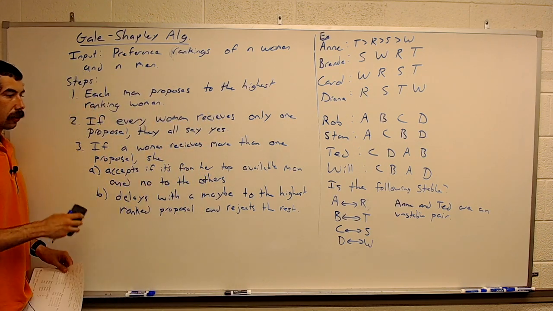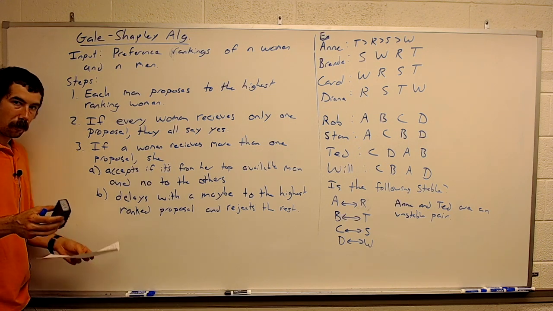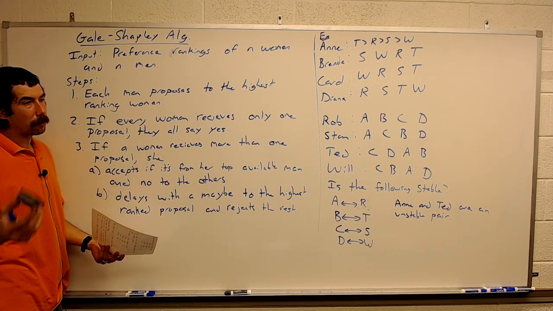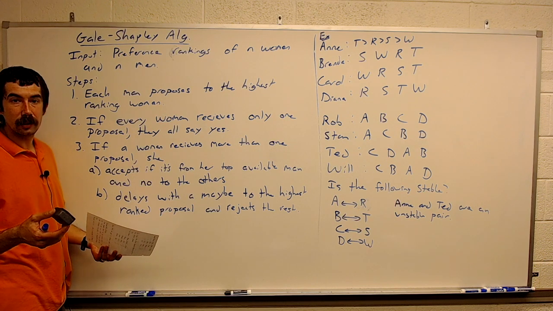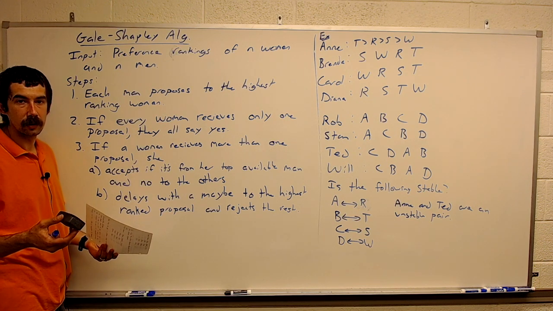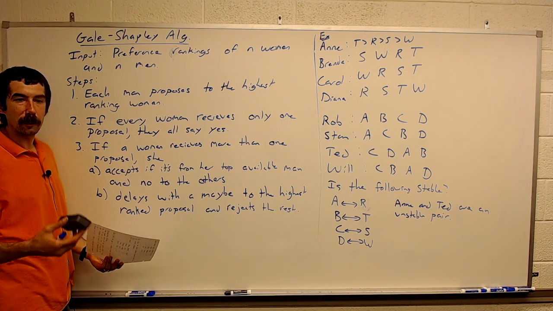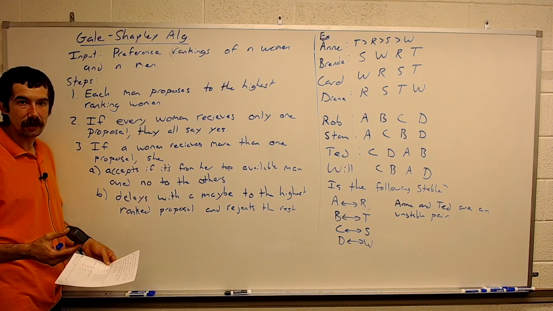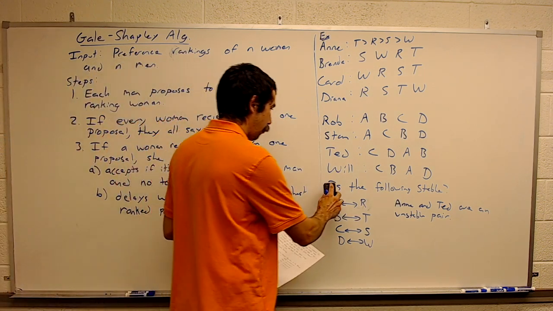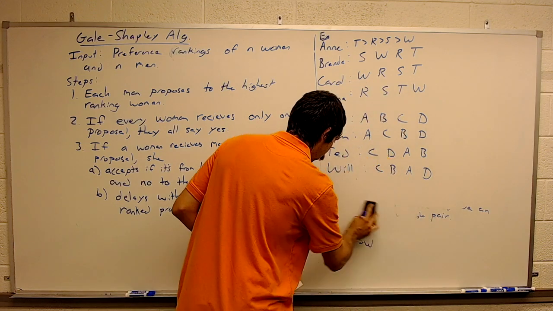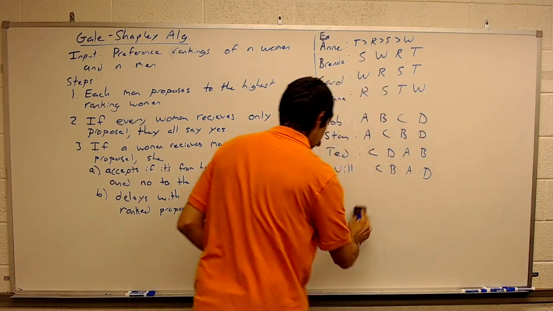Okay, and so how does this continue? Well, the men are not going to propose again to the women that rejected them, but they will still propose to the ones that said maybe. All right, so step 4, I'm going to keep all this information here for our example.